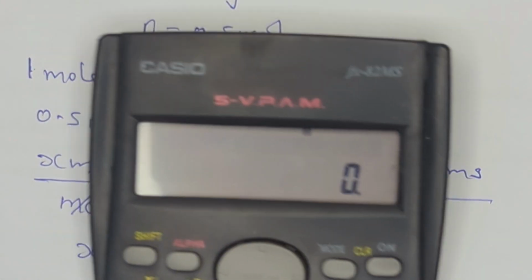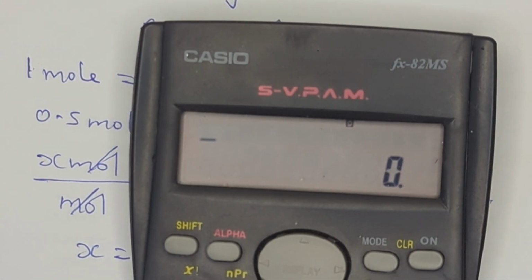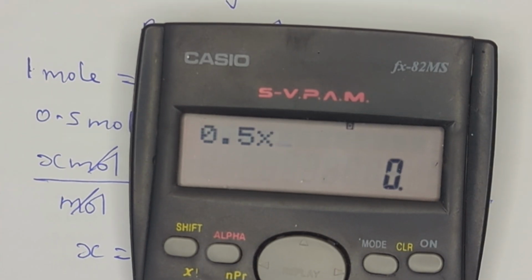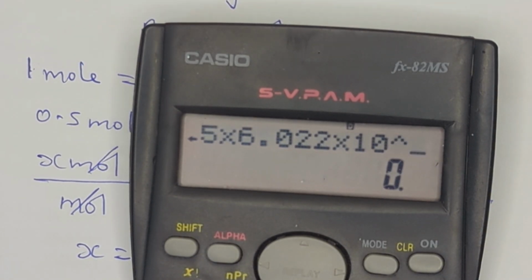If we punch this figure on the calculator, this is 0.5 multiplied by 6.022 times 10 to the power 23.